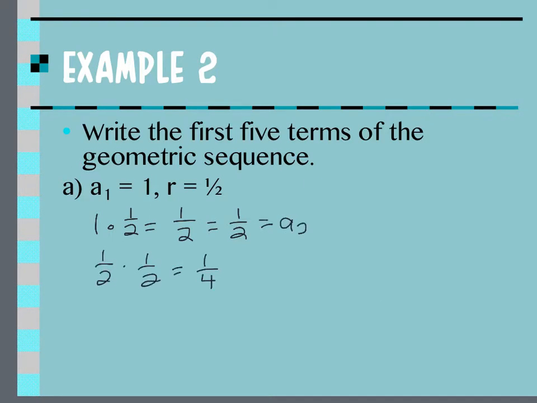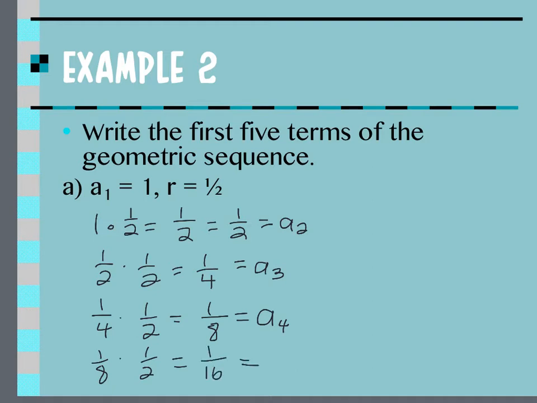This is a sub 3, and then 1/4 times 1/2, which is 1/8. That's a sub 4, and then 1/8 times 1/2, 1/16. That's a sub 5. So when I list all of my 5 terms, I will start with 1, then 1/2, then 1/4, then 1/8, then 1/16.